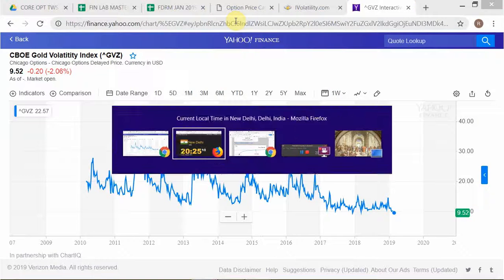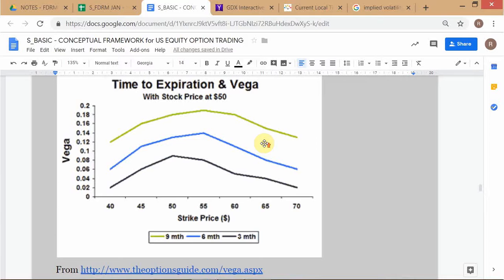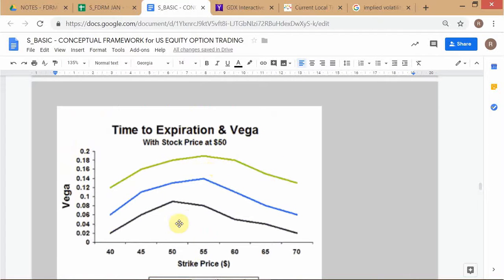There is a balance you have to strike with the sensitivity of Vega. ATM options have the highest Vega, while out of the money options generally have lower Vega. But absolute higher levels of volatility are a better sell, so that's what you would try to do.